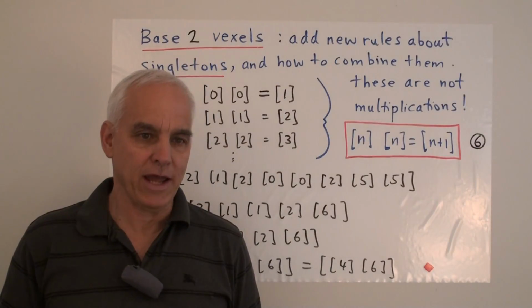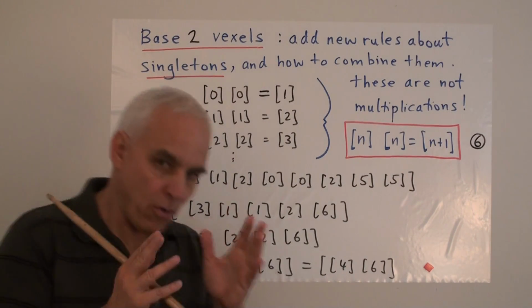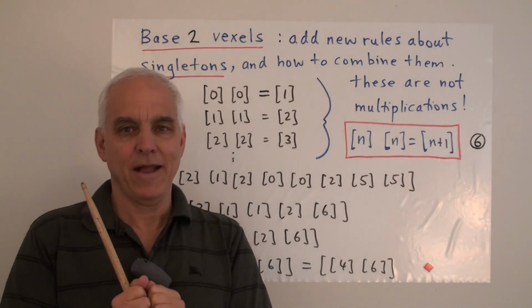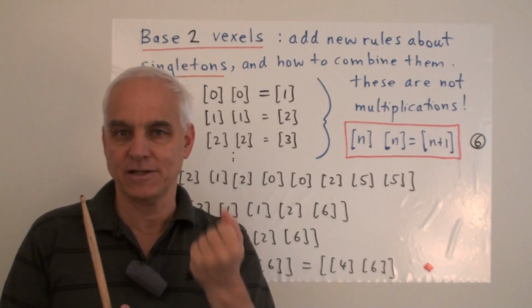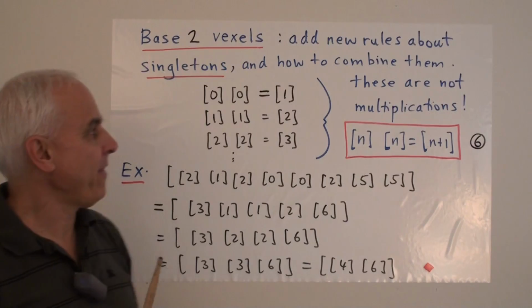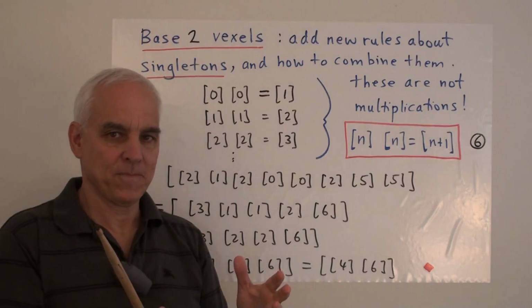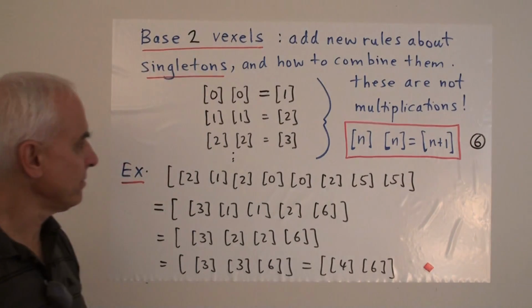So now let's have a look at base 2 vexils. We're going to take our ordinary theory of vexils and we're going to adjust it in a small way. We're going to add some new rules, and then that will give us these somewhat new kinds of objects, base 2 vexils.